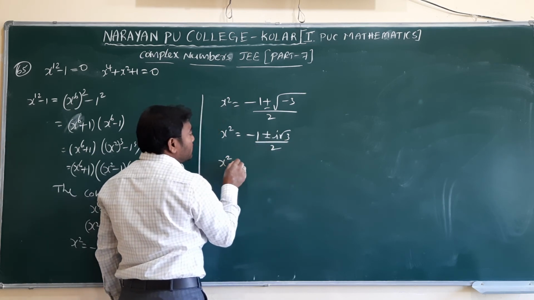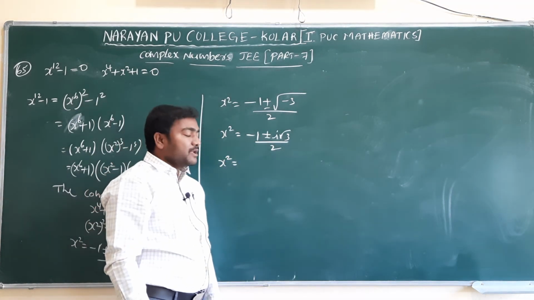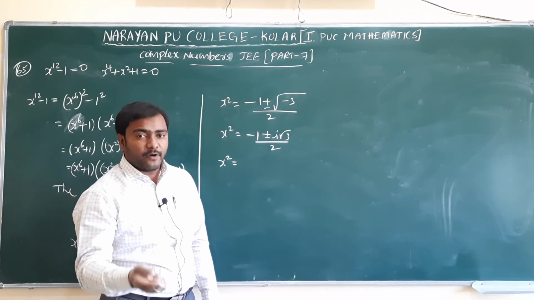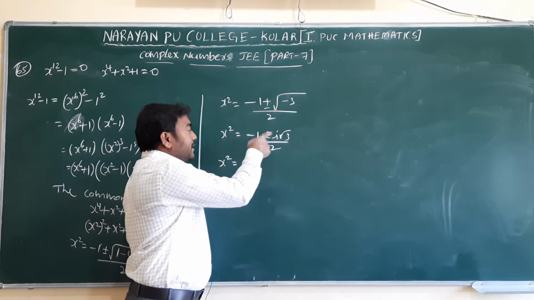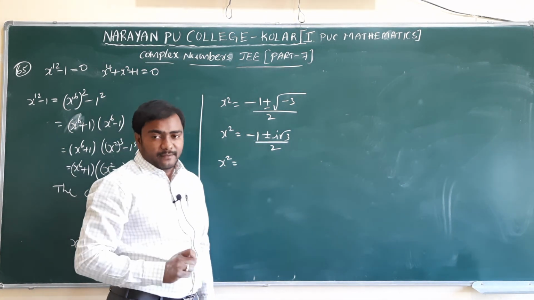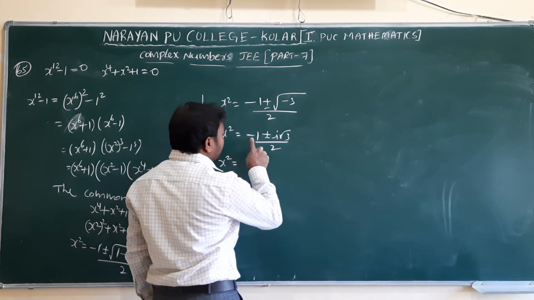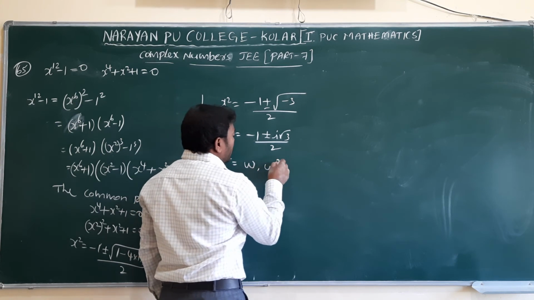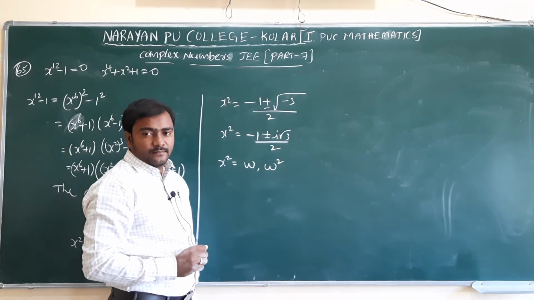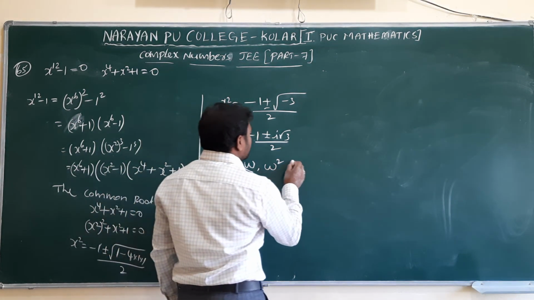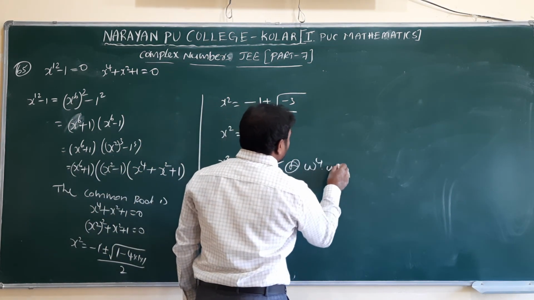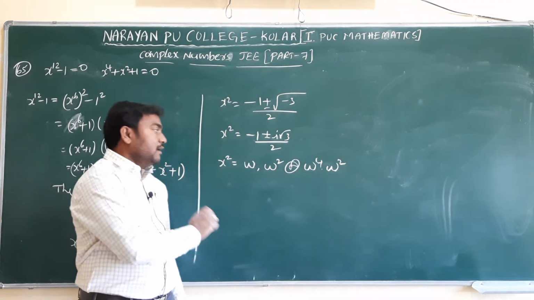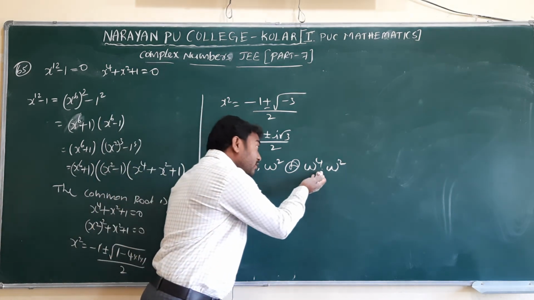But here, for x², (−1 + i√3)/2 has the value omega, or omega power 4; both are the same. And (−1 − i√3)/2 has the value omega square. Now it can be written as (−1 + i√3)/2 is omega and omega square, or otherwise omega power 4 and omega square. Because the options are given with plus or minus values in the question, we have to take the omega power value also the same thing.